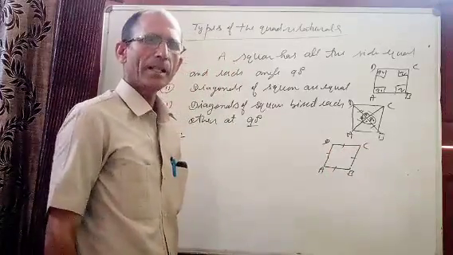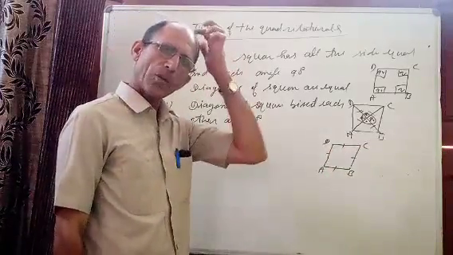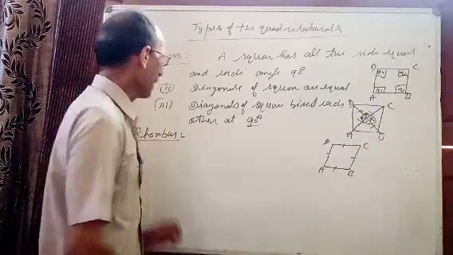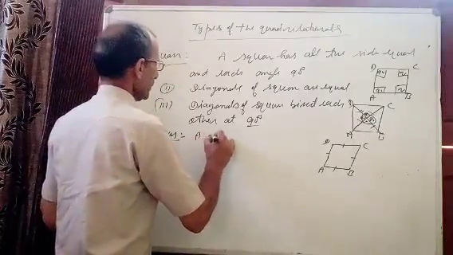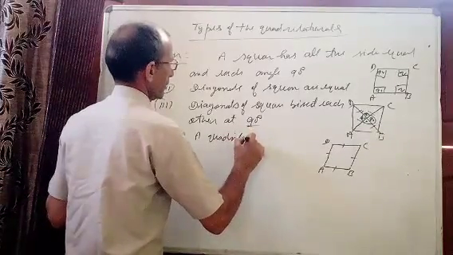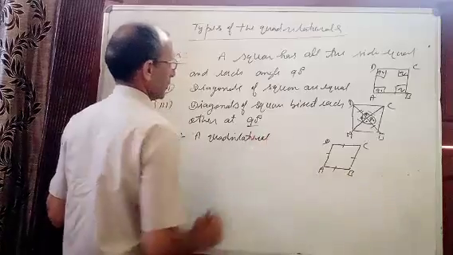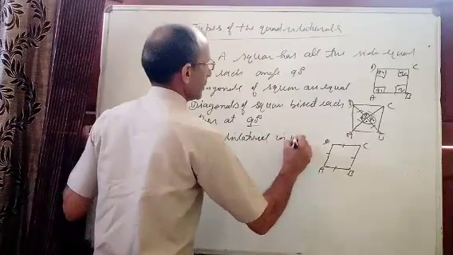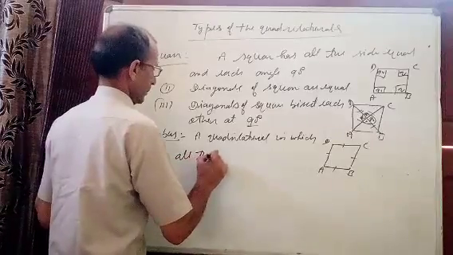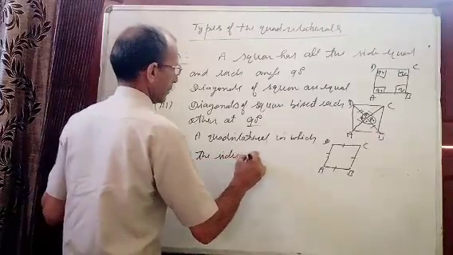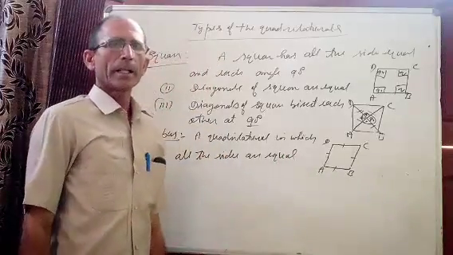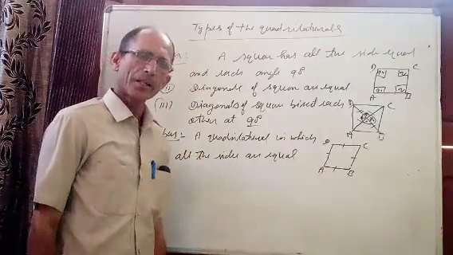So the definition of a rhombus: a quadrilateral in which all the sides are equal.